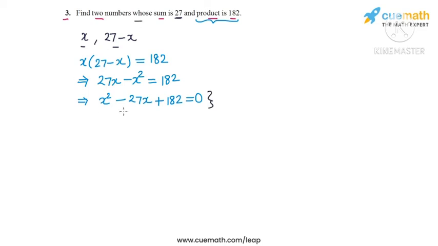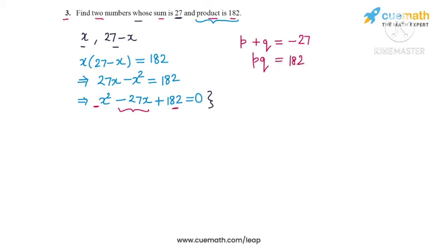Now to solve it, we will split the middle term minus 27x by finding two numbers p and q whose sum is equal to minus 27, which is the coefficient of x, and whose product is equal to the coefficient of x square, which is 1, times the constant term, so that's 182.